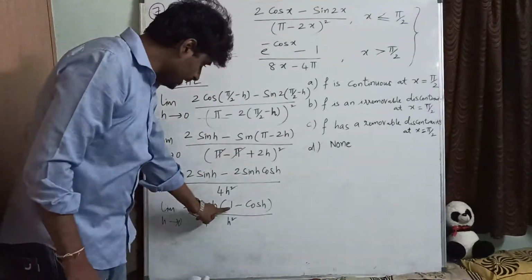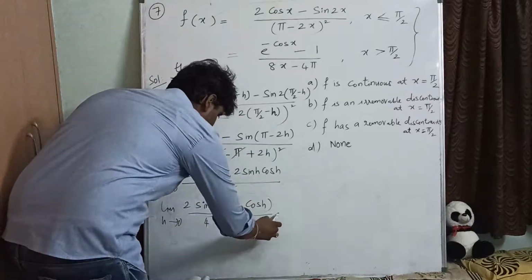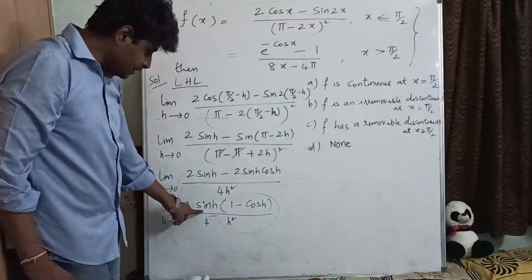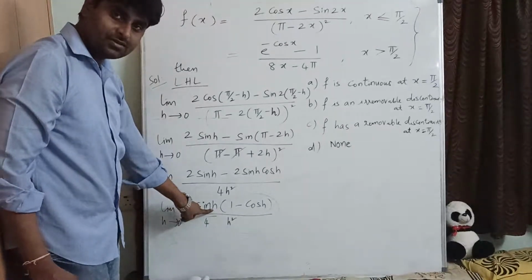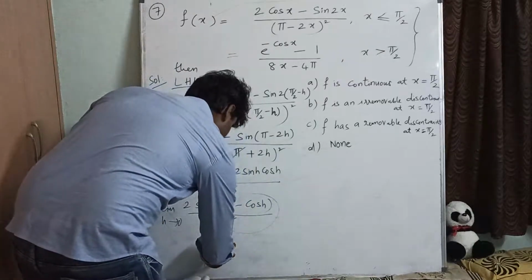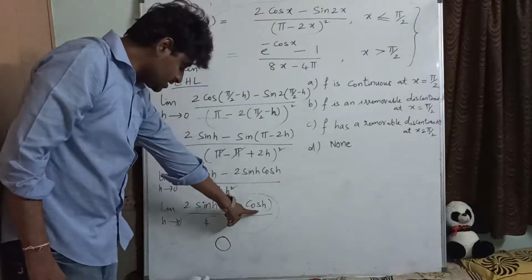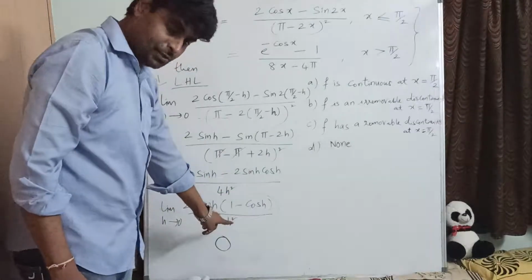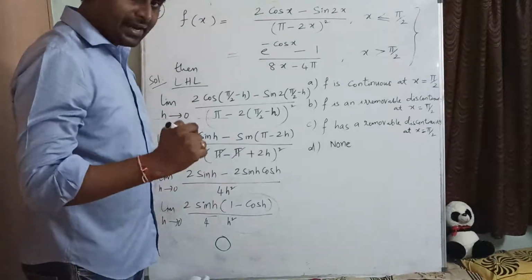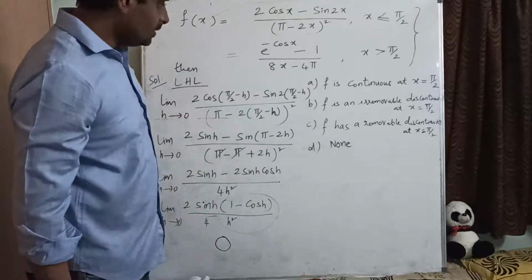So 1 minus cos h by h square results in 1 by 2. But whenever we substitute h value 0 in the remaining term, sin 0 gives you 0. So finally LHL was 0.